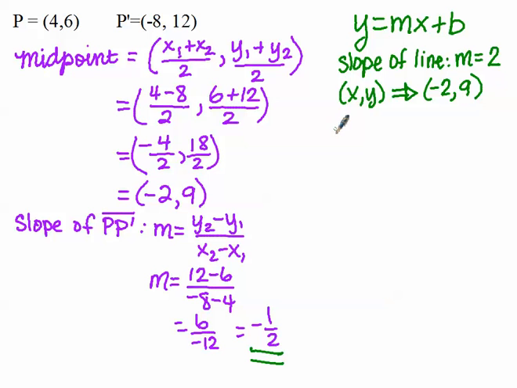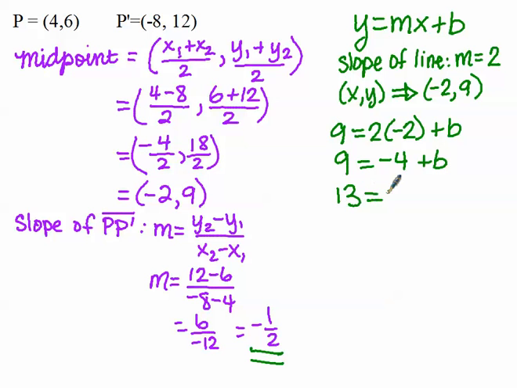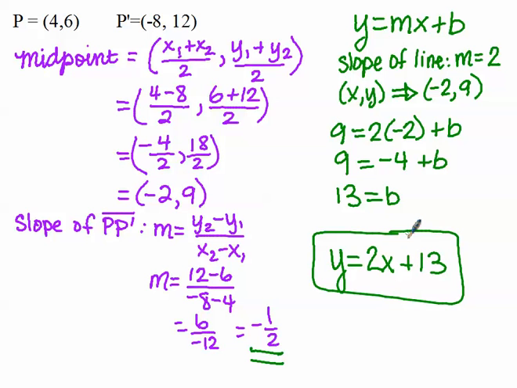So we go ahead and fill that in. 9 equals 2 times negative 2 plus b. We don't know b, so we'll leave that as is. Multiply the 2 times the negative 2, and then add the 4. So b equals 13. So the equation in this case, y equals 2x plus 13. And that would be the equation of the line that is the line of reflection between P and P prime.